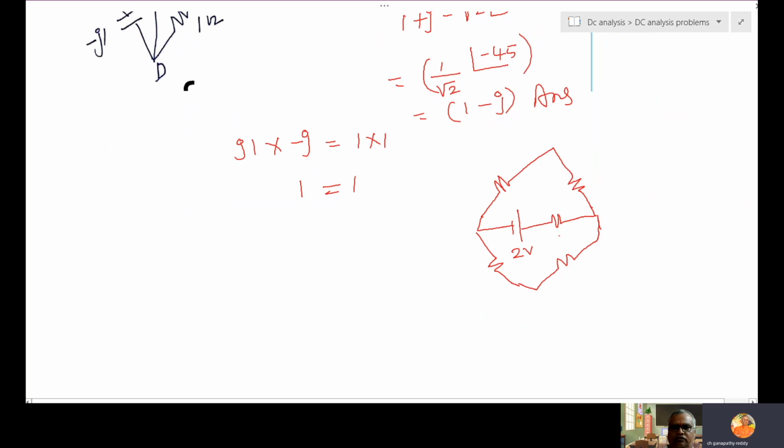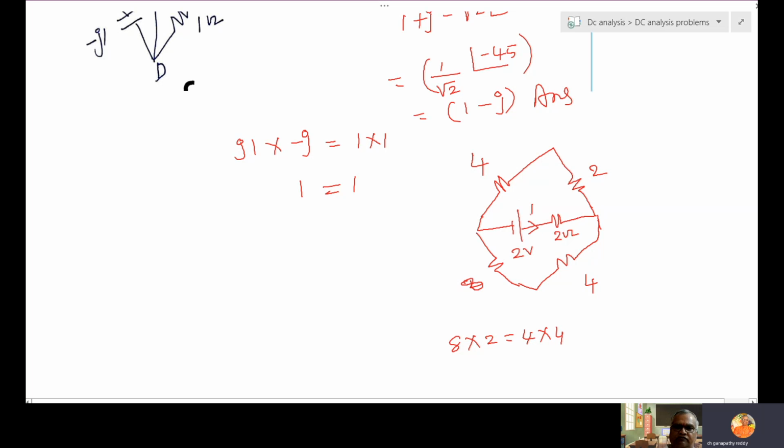So this is 2 volts, 2 ohms, this is 2, this is 2, this is 4, this is 4, or I'll take 4 into 4, 16. Let me take 8. So 8 into 2 equals 4 into 4, 16. So students think that the bridge is balanced.